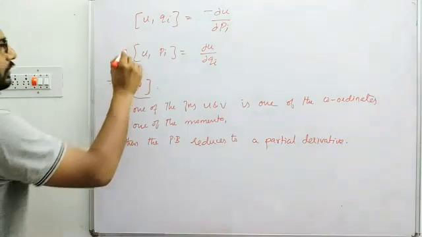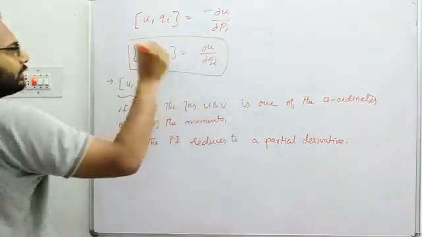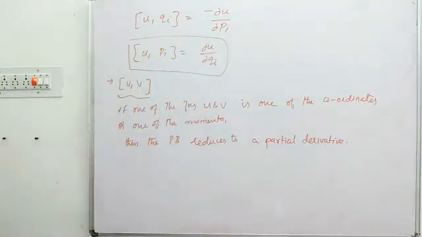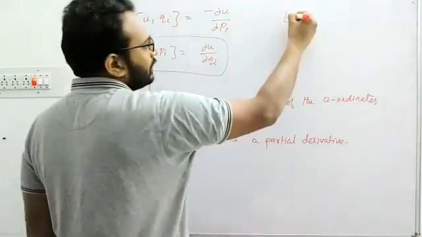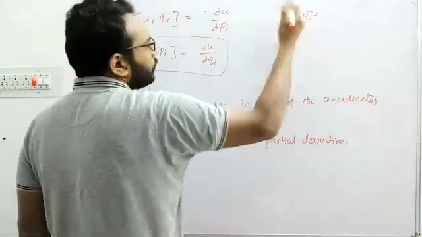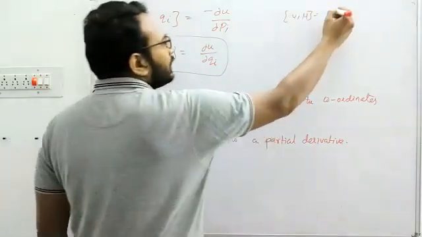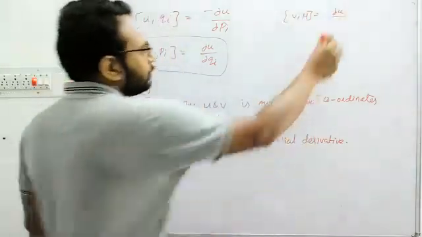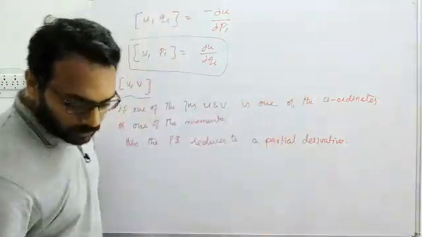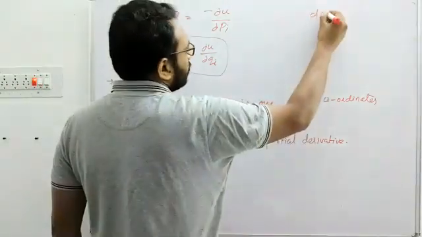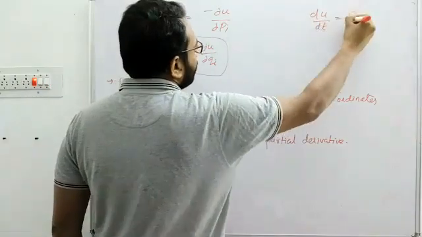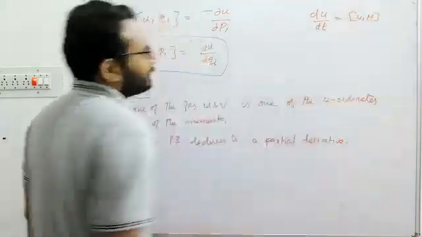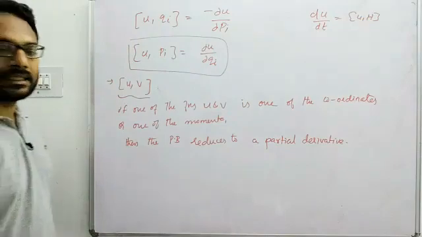So if you look at this, for example, some function with respect to pi. We already saw that for the Hamiltonian this relation holds: du by dt is equal to [u, H], if u does not explicitly depend on time.